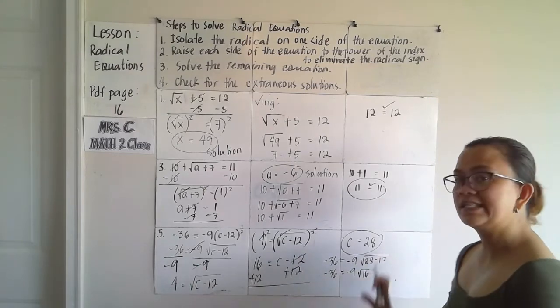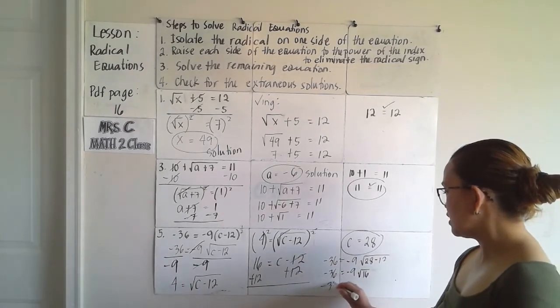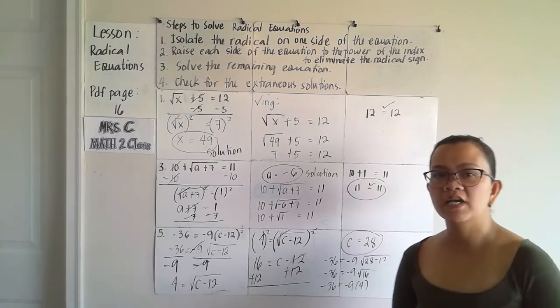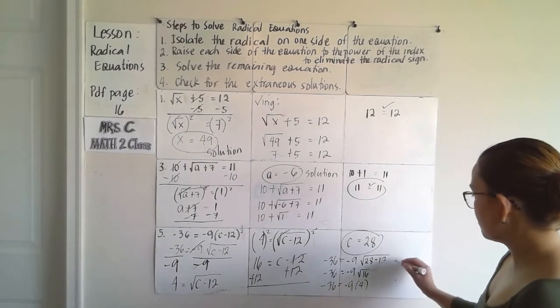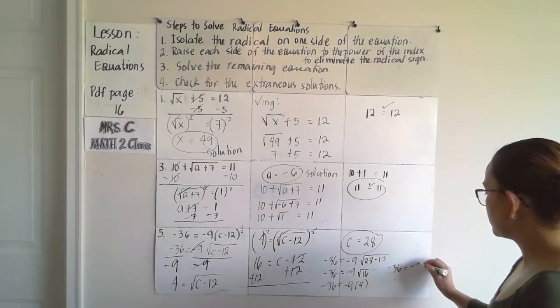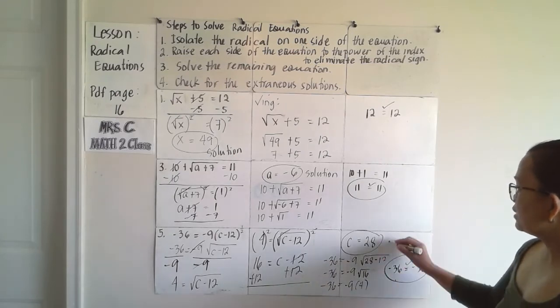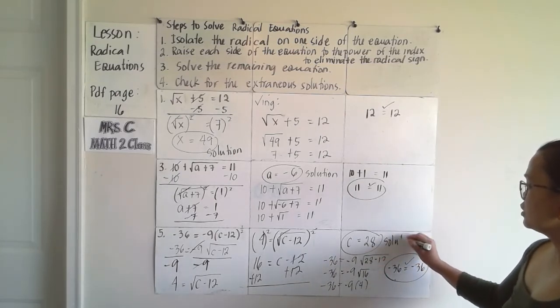And what's the square root of 16? It is equal to 4. And what's negative 9 times 4? It's negative 36. So negative 36 is equal to negative 36, so they are equal. Therefore, 28 here is a solution.